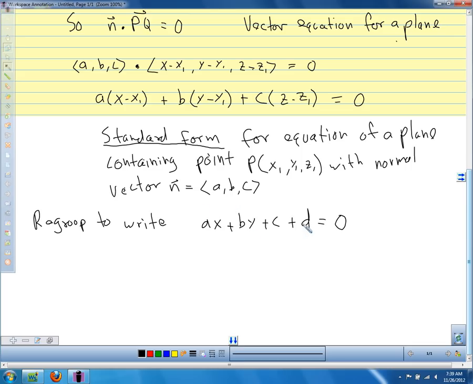So this constant d just contains all the terms for our given point: a times x1, b times y1, and c times z1. This term d contains all of those combined. Whoops, I forgot my z here. But I still have the components of my normal vector from the coefficients on the x, the y, and the z. So questions?